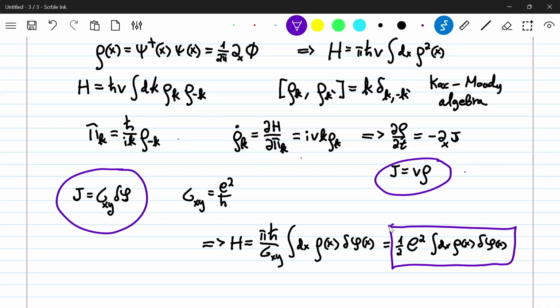What I wrote now in this purple frame is just electrostatics, so we can use it as a starting point, if you like. But now, what is going to be different for the fractional effect?